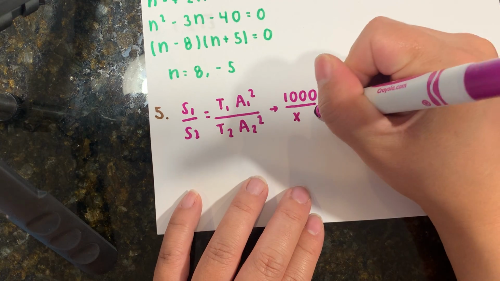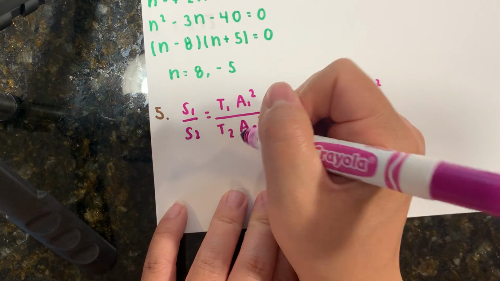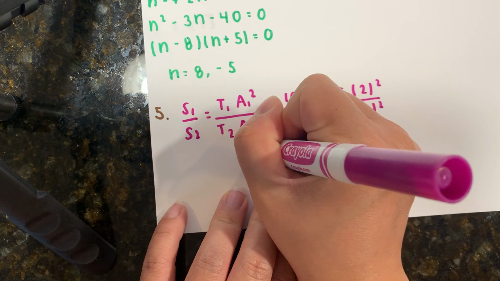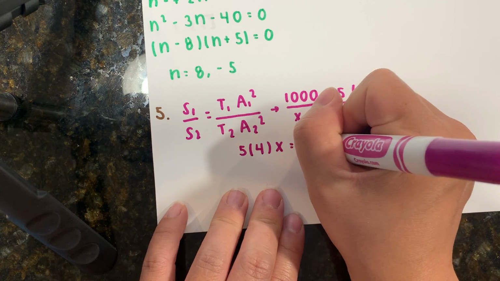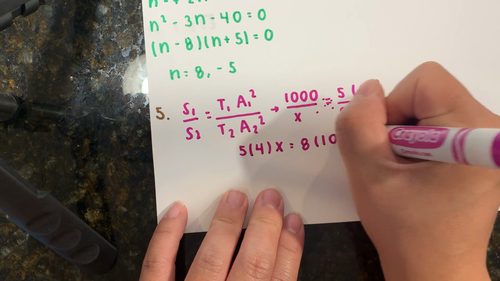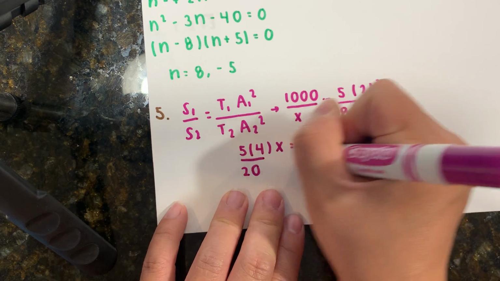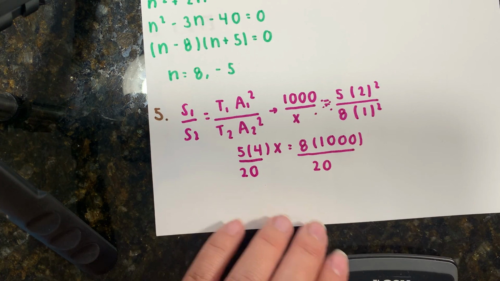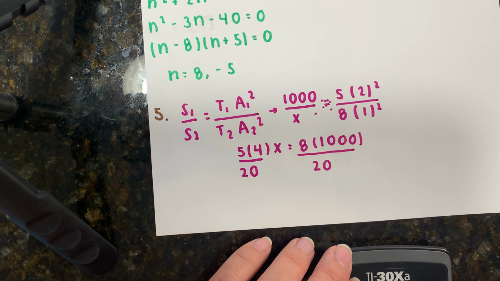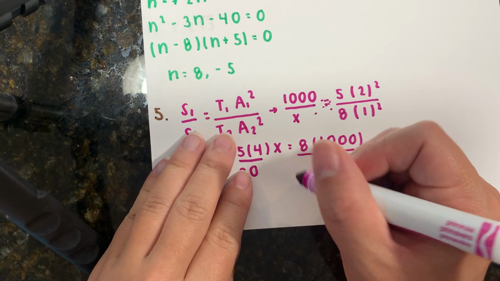It does say to solve 2 ways, you don't need to. And that will give me 5 times 4, x equals 8 times 1,000. And it's all going to be divisible by 20. So we're going to do 8 times 1,000 divided by 20, and that gives me 400. So that's 400 students.